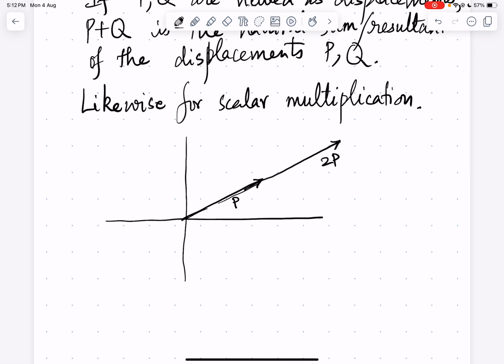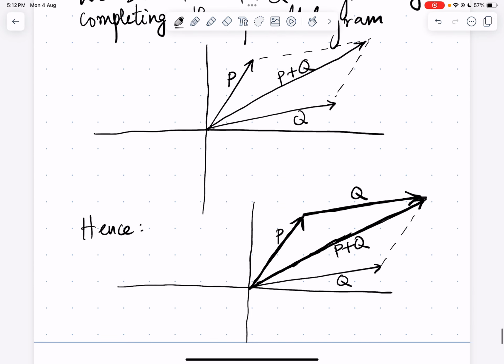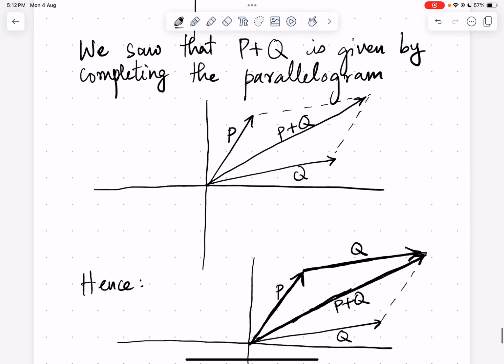So this is 2P. So scalar multiplication of points and scalar multiplication of vectors, that is natural. And for addition of points, we saw that it just means you are completing the parallelogram and considering the constructed vertex.